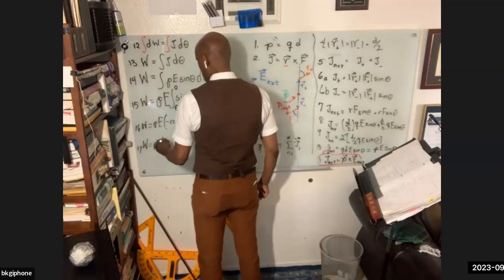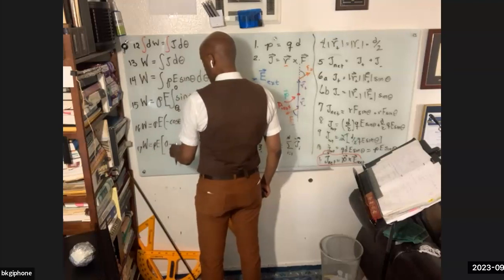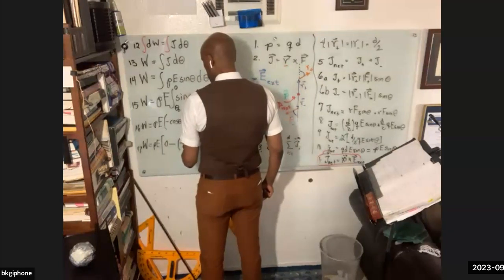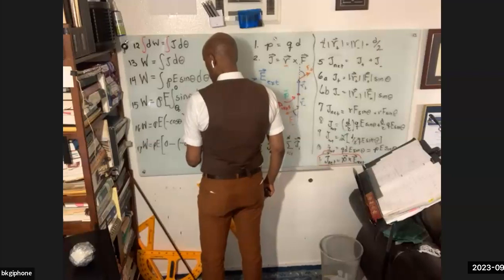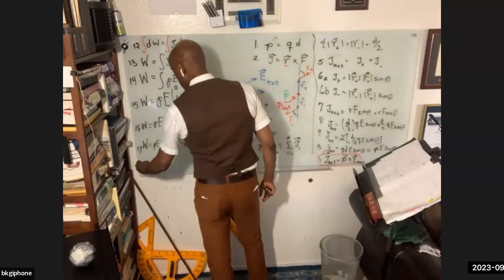So final 0 minus, formulaic minus sign, but then I've got a minus cosine theta naught equals 0. Awesome. So that means the electric field actually does positive work, which it does.